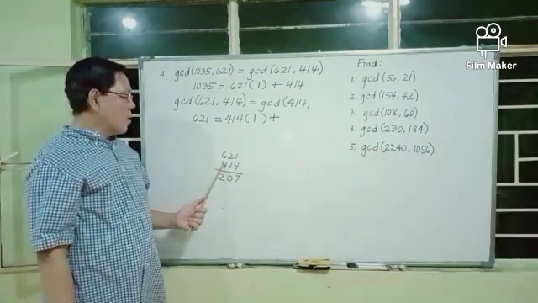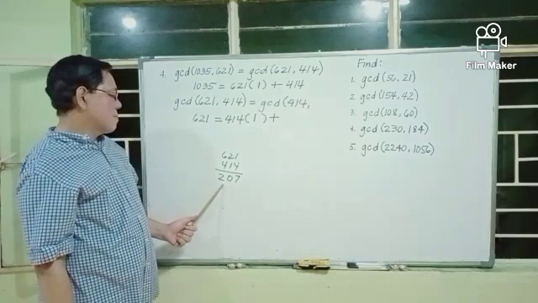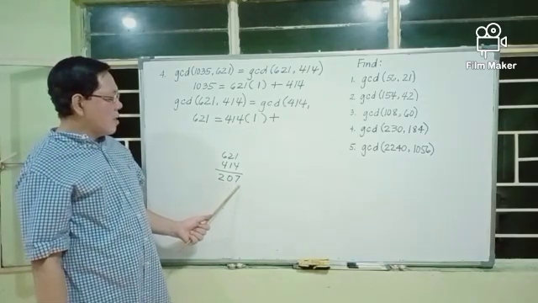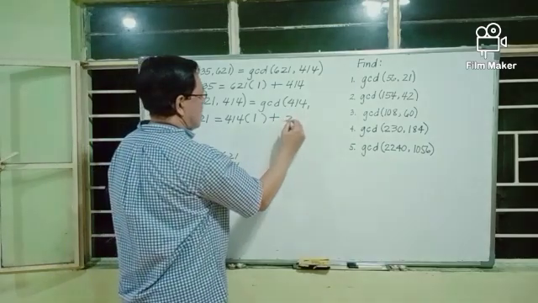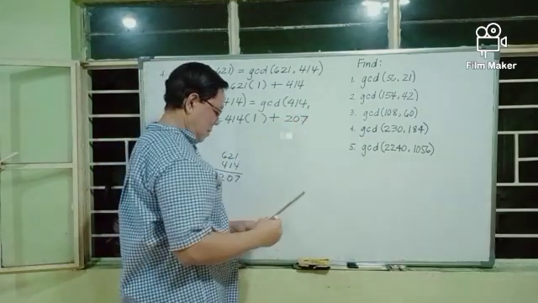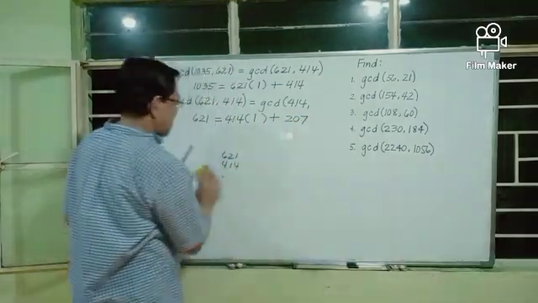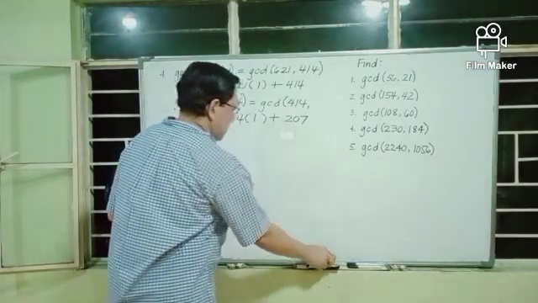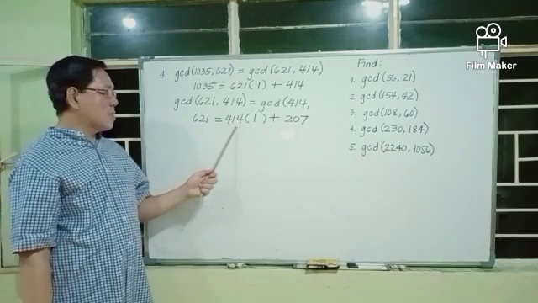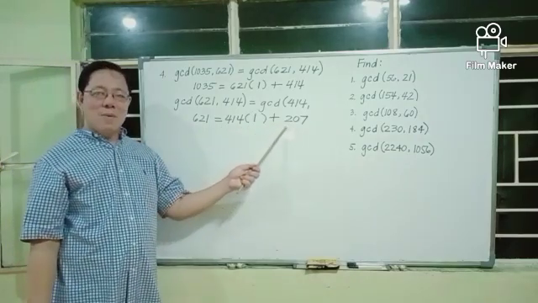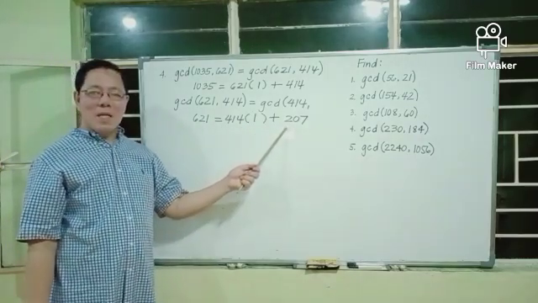621 minus 414 is 207. This equation is now of the form A equals B times Q plus R. Therefore, R is 207.